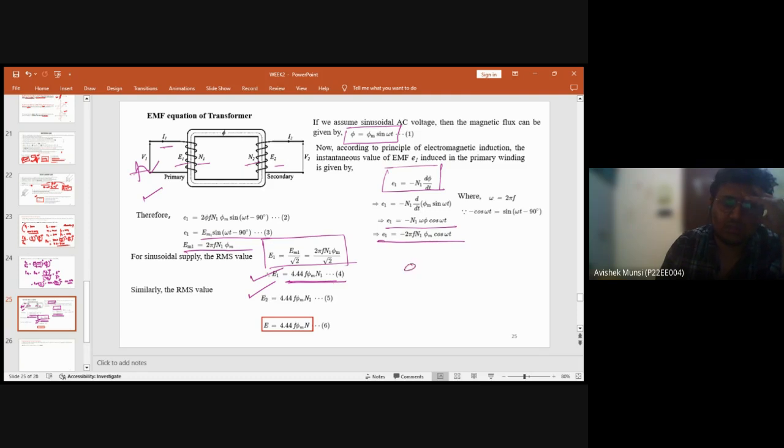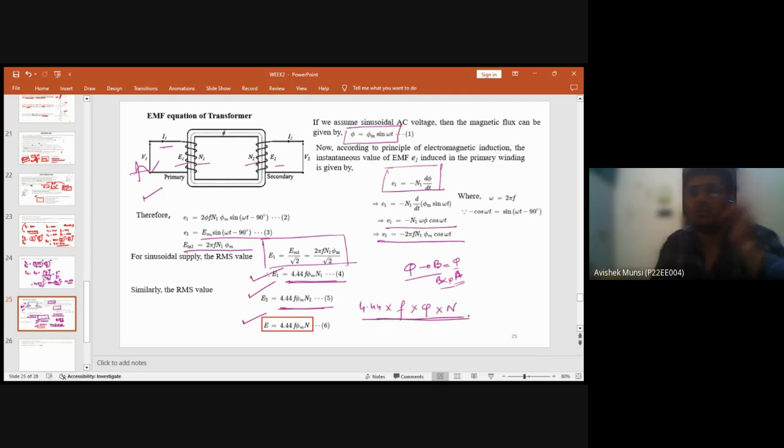In some books, phi can be referred to as B, since B is proportional to phi by area. So in general, we can say that the EMF of a transformer is 4.44 into f into phi m into N. If you have to calculate the EMF of a transformer, you have to use this formula.